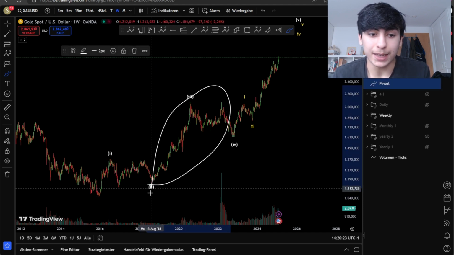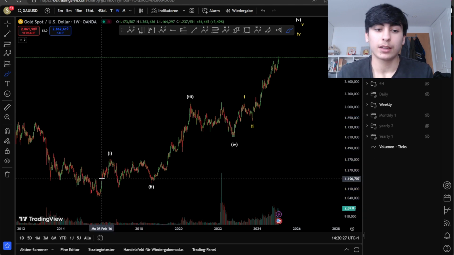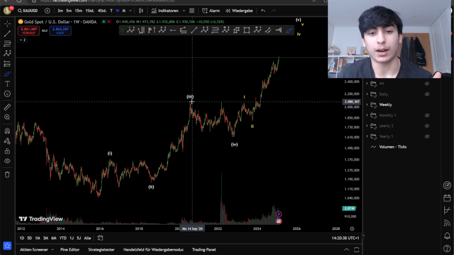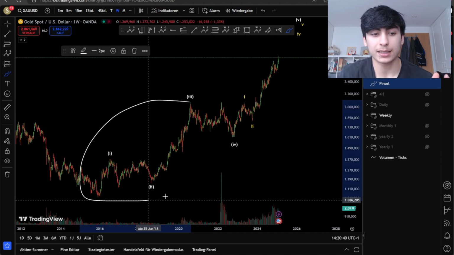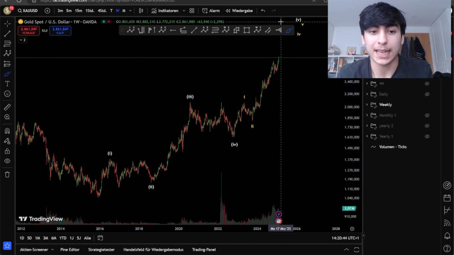And this should be a lower degree 1, 2, right? This is a higher degree 1, 2. So it doesn't really make sense that a lower degree 1, 2 is bigger in time and in price than a higher degree 1, 2. That is why probabilities for the scenario are the highest where we count this as the 1, 2, 3, 4 and looking at an extended wave 5.